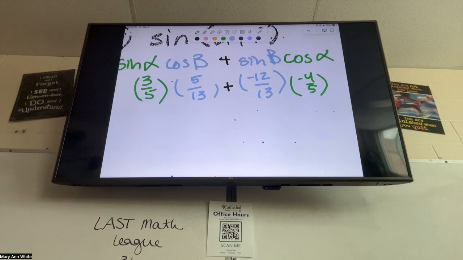Right, I will give you a little piece of advice. As tempted as you might be to cancel something out, so like once I plug in my values, I was gonna multiply and I was like, oh, great, I've got a 5 that I can cancel out. I can't cancel anything out on the other side, and we're eventually gonna wanna add these fractions together. So I'm gonna fight the urge to cancel, and I am gonna keep it 5 times 13 in the denominator. So I've got 15 plus 48 over 65 maybe?